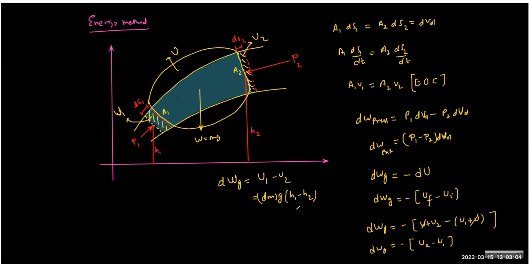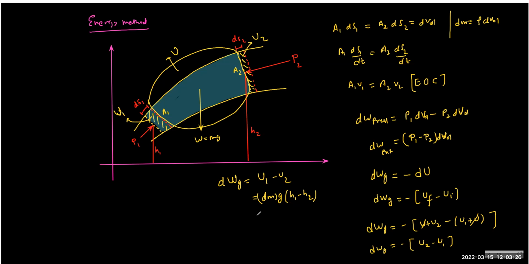That's the simple answer. And what is dm? This mass. This is d volume, so dm you can write as density into d volume. That's it. Anyway, so we have the work done by gravity.